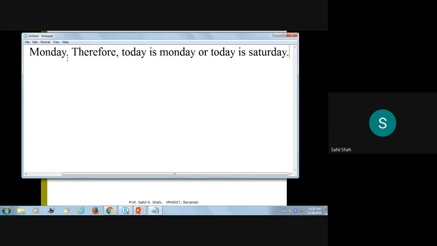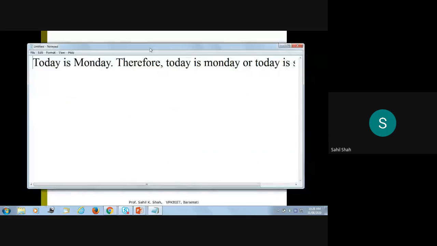If this statement is given and you have been asked whether this argument is valid or not, we can represent this argument using the rule of addition.